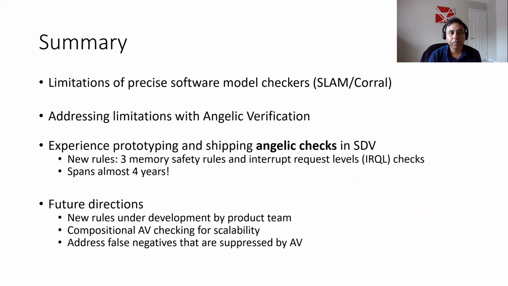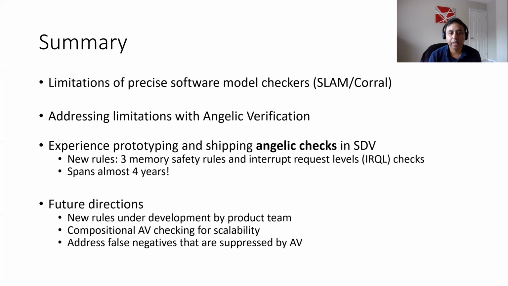So in summary, we touched upon the limitations of precise software model checkers related to precision and scalability, how we attempted to address those limitations with Angelic Verification, our experience prototyping these checks, and the results. And in future directions, there are new rules being developed by the product team in conjunction with us.